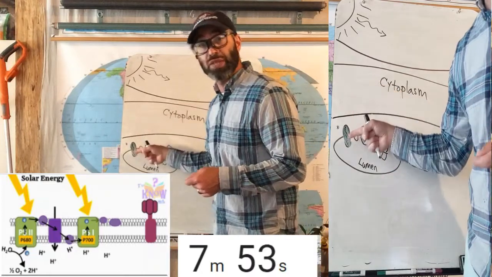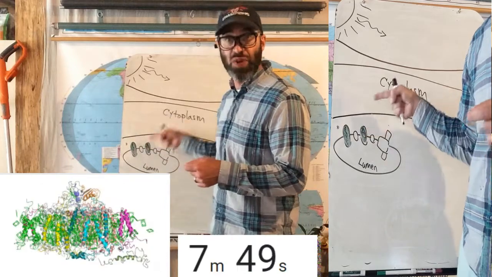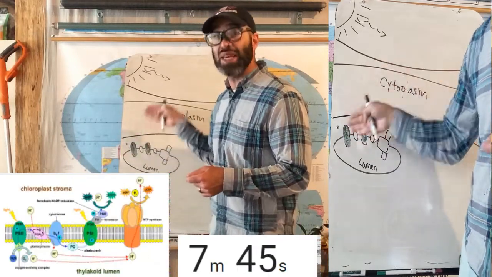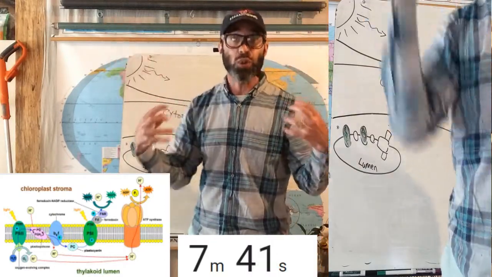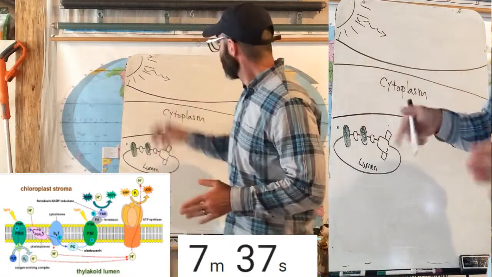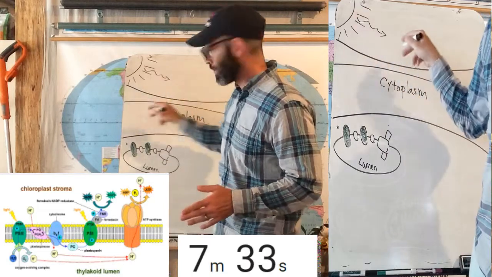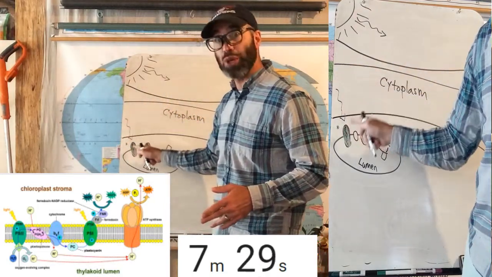The first photosystem is called photosystem 2, and the second photosystem is called photosystem 1. These are very important because this is where light energy is used. Now, let's look at what happens with this ray of sunlight, this beam of light coming down and coming into contact with photosystem 2.